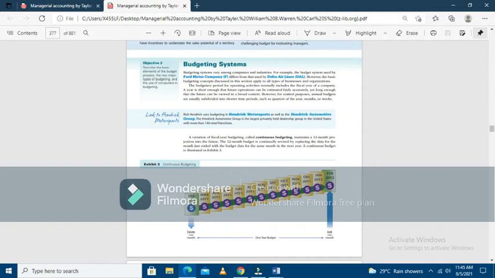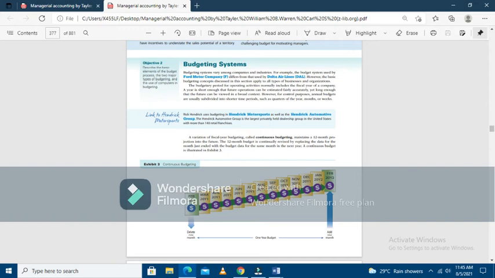The budgetary period for operating activities normally includes the fiscal year of a company. A year is short enough that future operations can be estimated fairly accurately, yet long enough that the future can be viewed in a broad context. However, for control purposes, annual budgets are usually subdivided into short time periods such as quarters, months, or weeks. Yes, meron tayong annual budget.